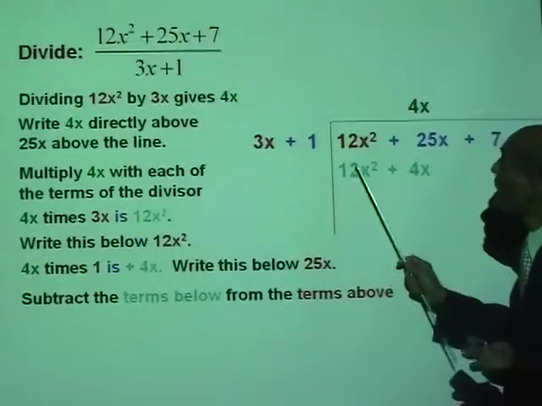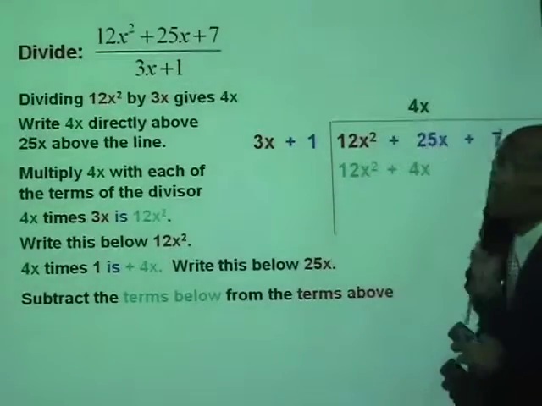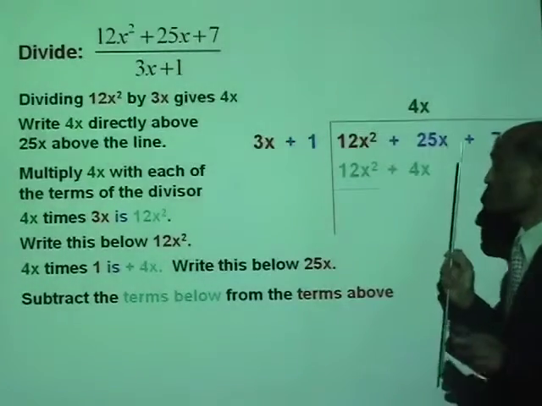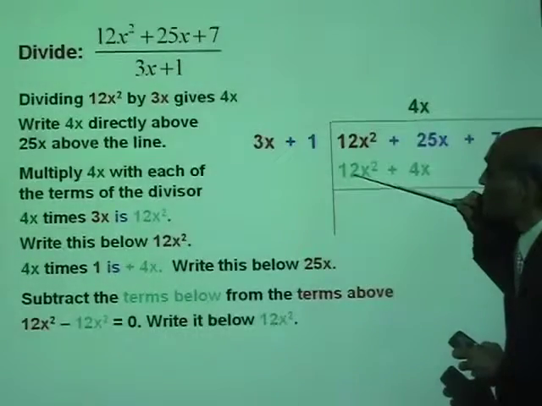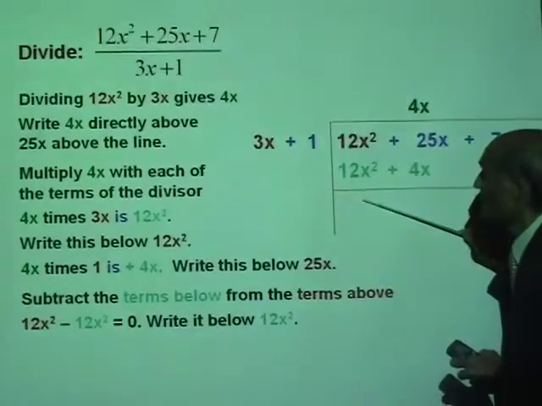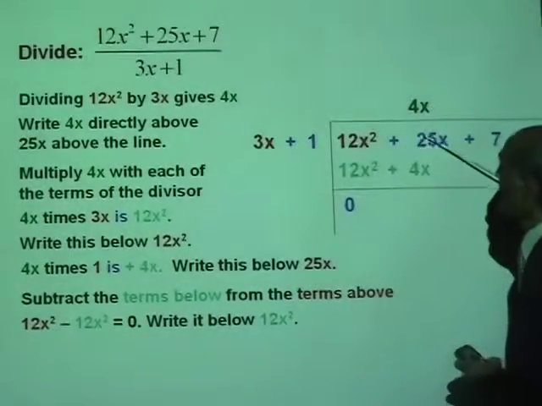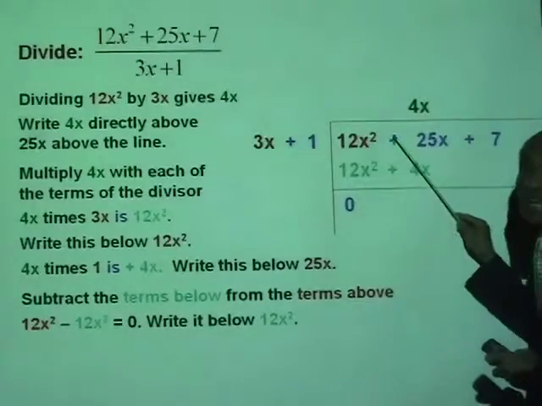Subtract the terms below from the terms above. That is 12x squared minus 12x squared is 0. Write it here. There you are. And now positive 25x, watch the sign again.